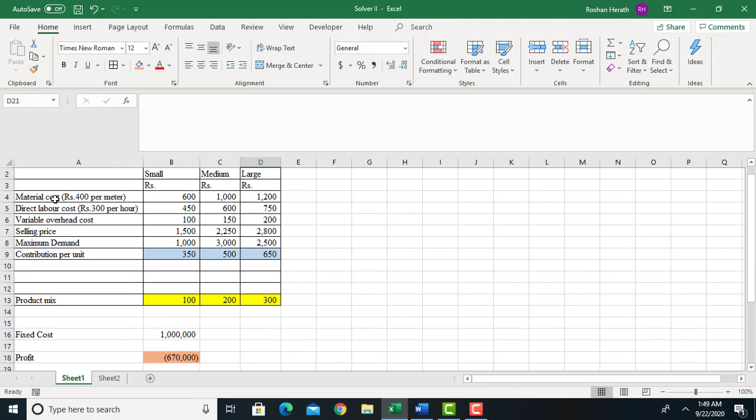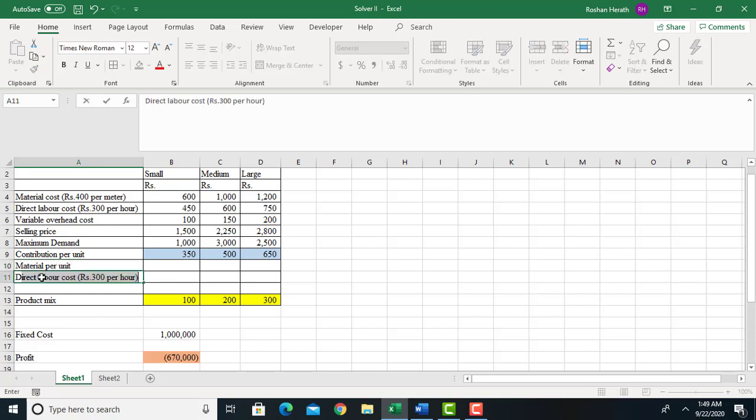That's about material per unit and direct labor hours per unit. So let's take that, material per unit, direct labor hours per unit.